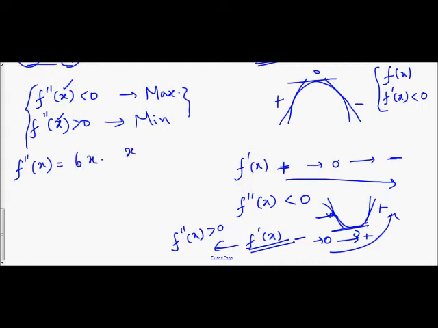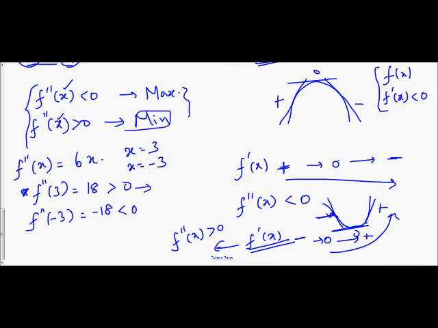So what happens for x is equal to 3 and what happens for x is equal to negative 3? When x is equal to 3, f double dash of 3 is 18, which is positive, and negative 3 gives you minus 18, which is negative. So for positive, I said it's minimum. For x is equal to 3, you get the minimum value. For x is equal to negative 3, you get the maximum value.